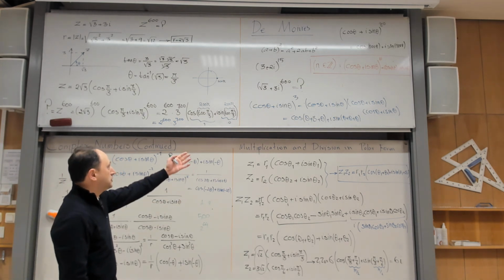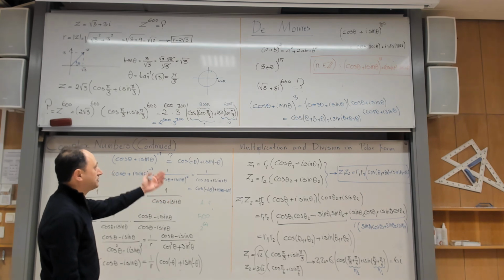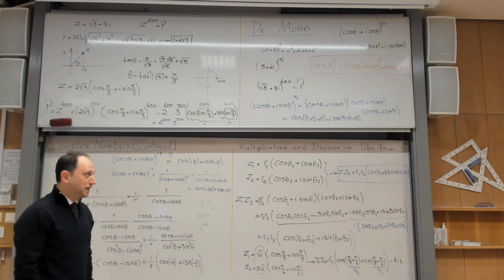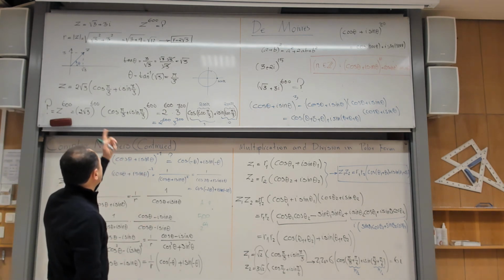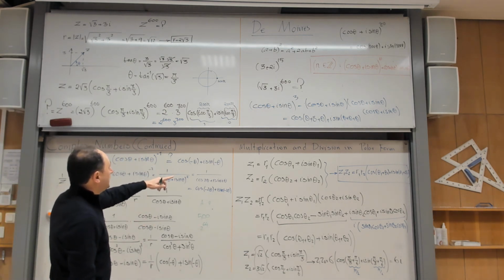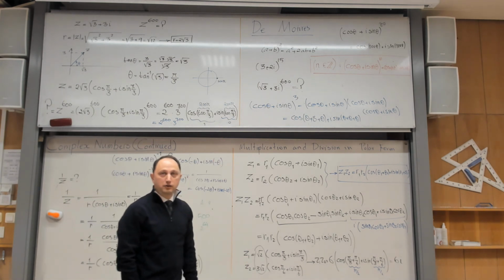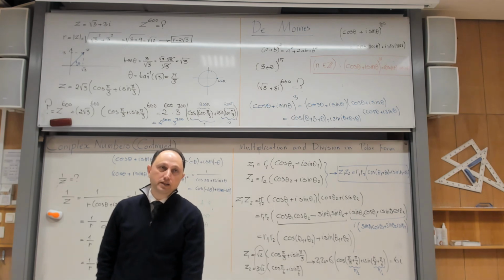But you see that it was manageable without any calculator in a limited amount of time using De Moivre's formula. So that is the reason why we make the complex number a little bit more complicated. We pay the price there, but the point is that we can calculate high powers of complex numbers fairly easily. Yes?